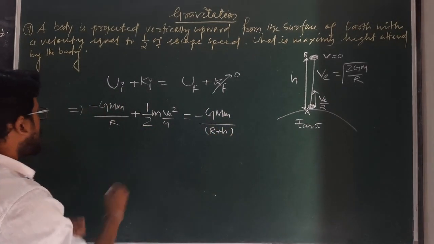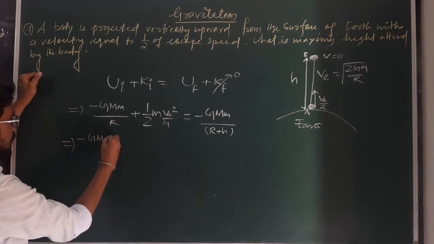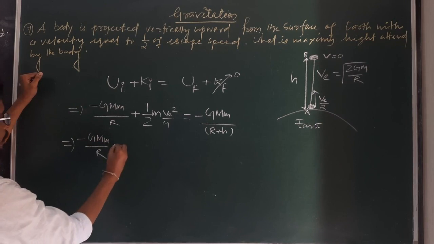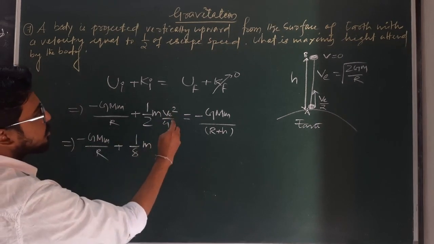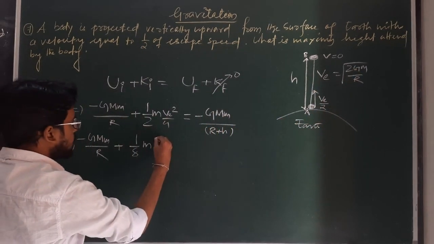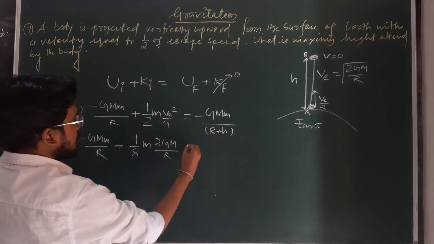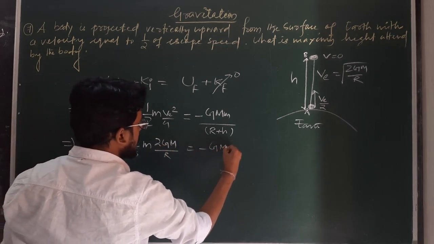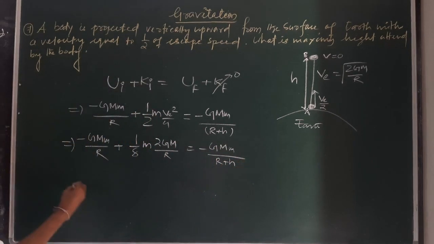So now solving this, we will get minus GM by r plus 1 by 8 m VE square. In place of VE square I can write 2GM by r, equal to minus GM by r plus h. So this implies we will get how much?